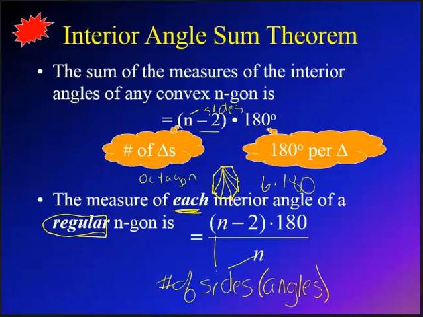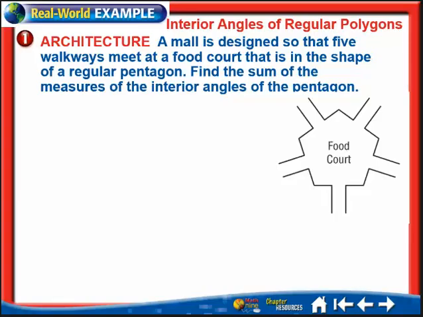So let's do an example here. A mall is designed so that 5 walkways meet a food court that is in the shape of a regular pentagon. So if you didn't have a picture, you would need to know what a pentagon looked like. Find the sum. Okay, so here I just want the sum of the measures of the interior angles of that pentagon. So I can either use the formula or I can sit here and split this up into different triangles.